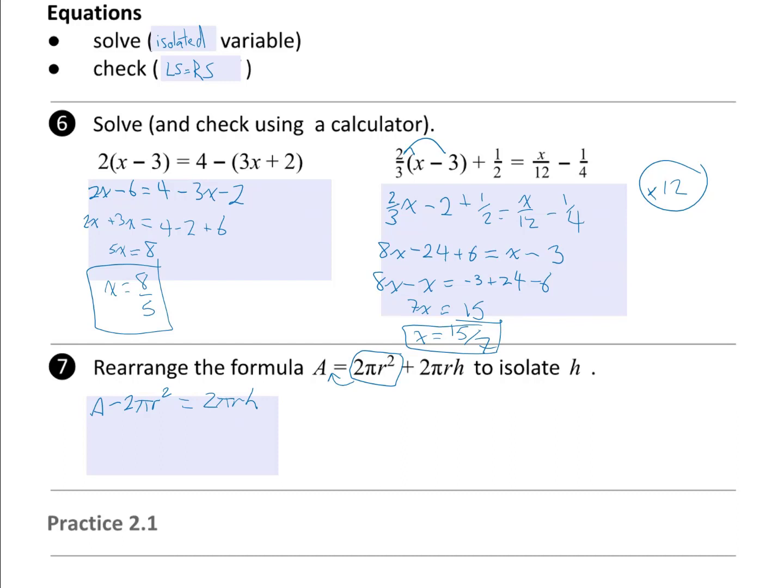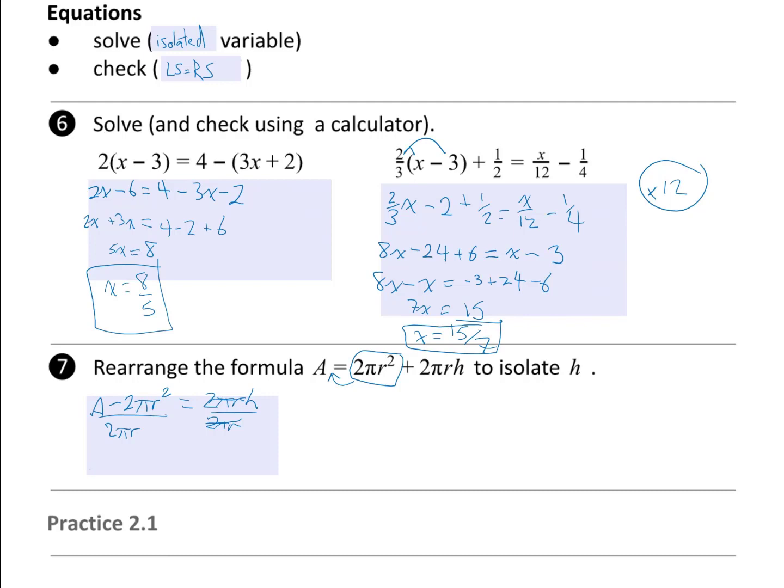Now we need to divide everything on the right side that isn't h. So if we divide each side by 2 pi r, what's going to happen is the 2 pi r are all going to cancel out on the right side, and then we'll get h on its own.